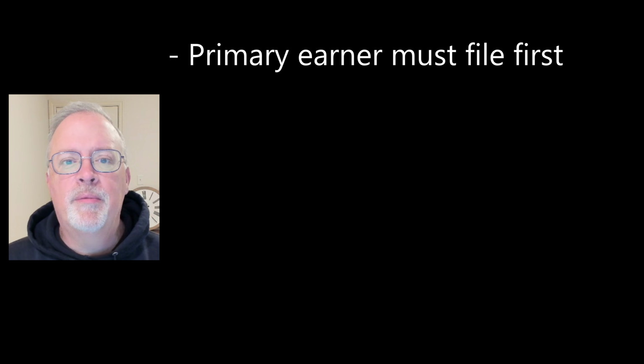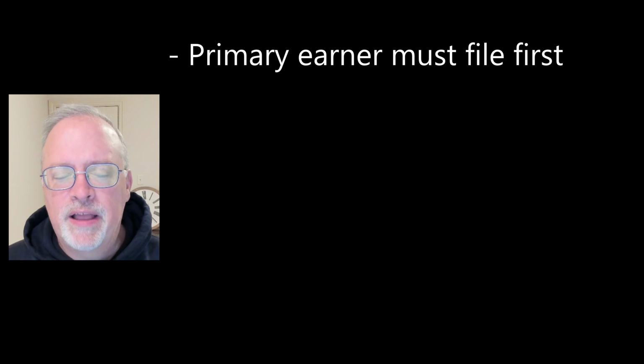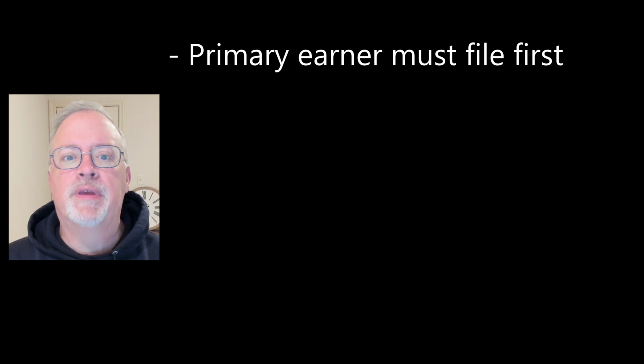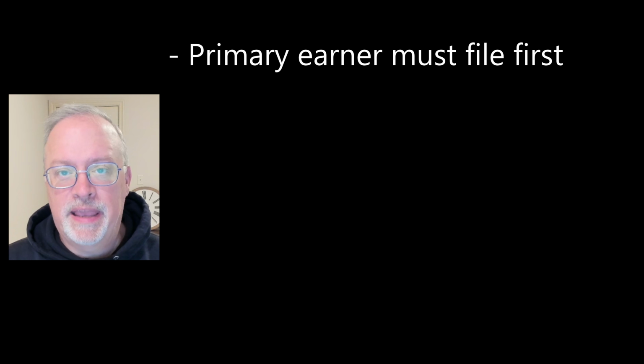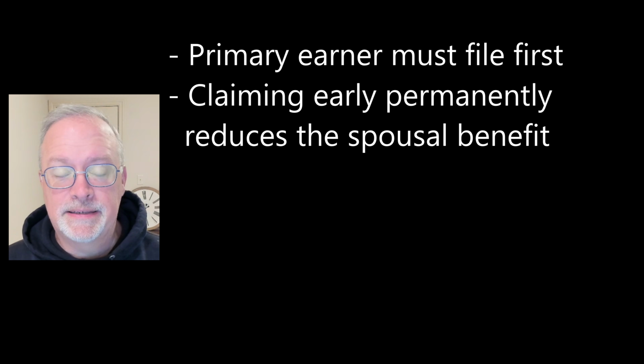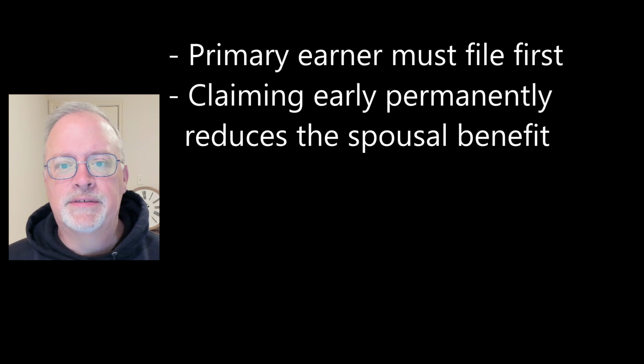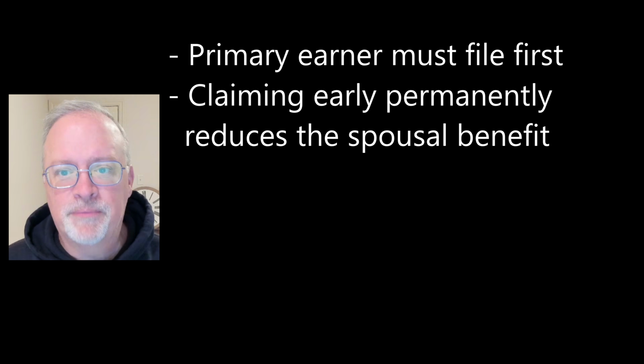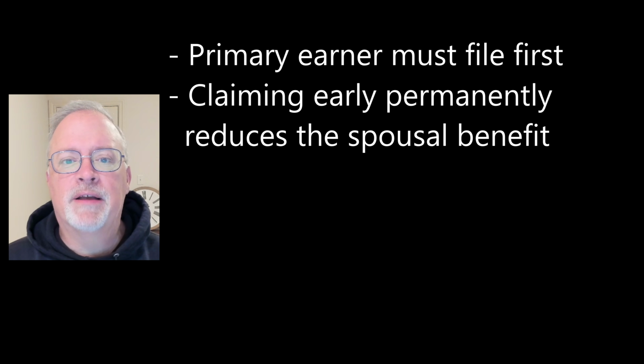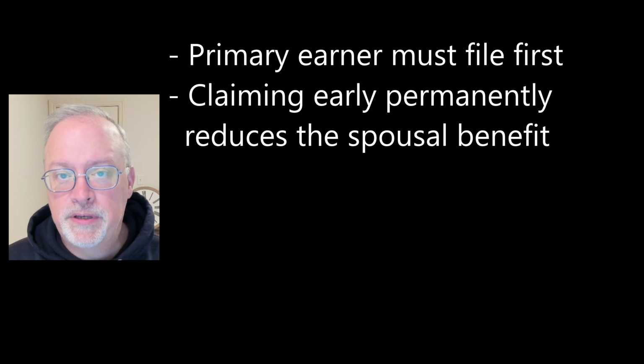Now, for the spousal benefit, there are a few critical rules to remember. First, the primary earner must actually file for their own benefits before the spousal benefit can be claimed. Second, if the spouse claims early, for example at age 62, that 50% spousal benefit will be permanently reduced.